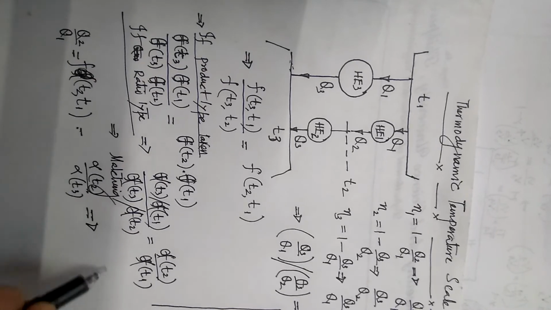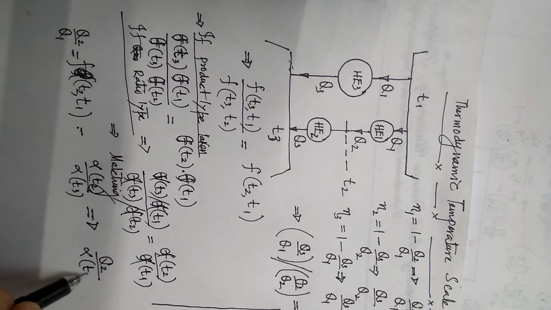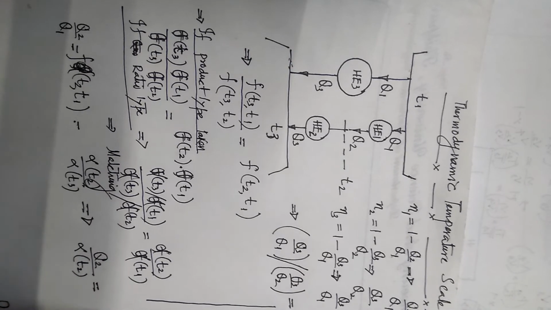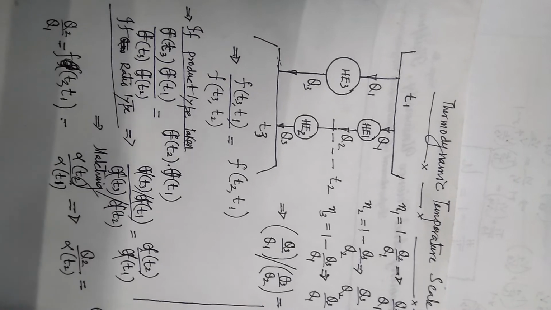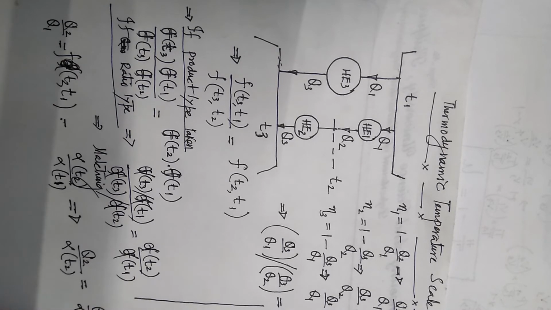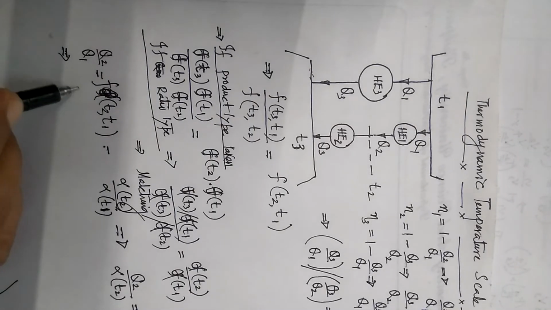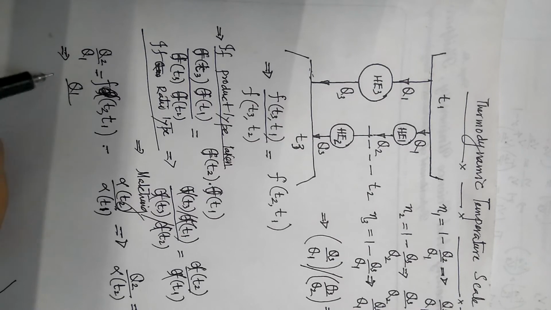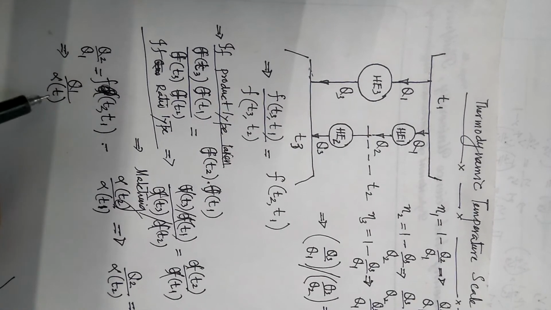It means further that Q2 divided by alpha T2 is equal to Q1 by alpha T1.